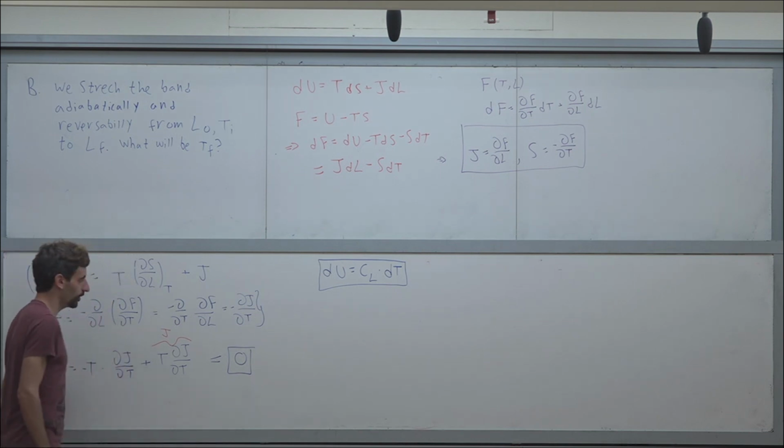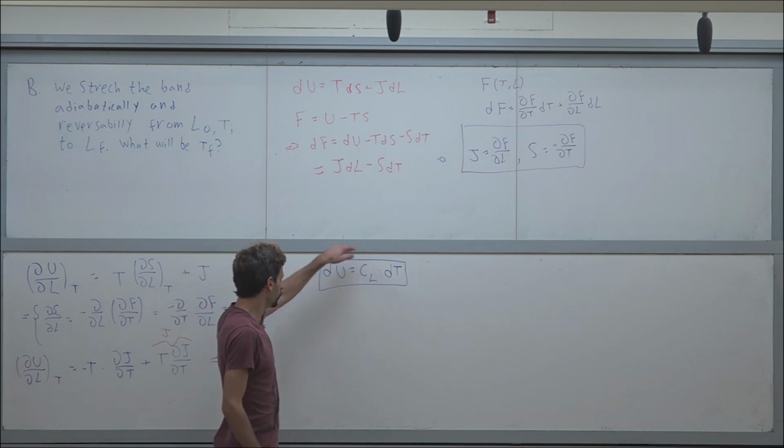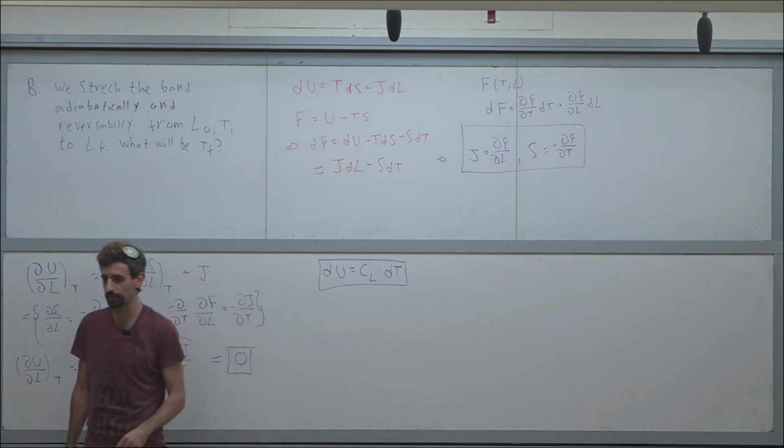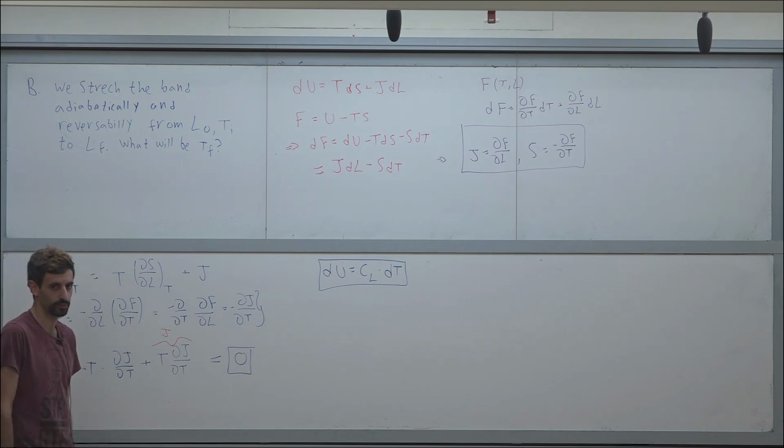Because U is only dependent on the temperature, you can always write it as the full differential like this. This is the most general way. And what you define here is dU over dT, which is a constant because it's T independent, so it's just some constant C_L.